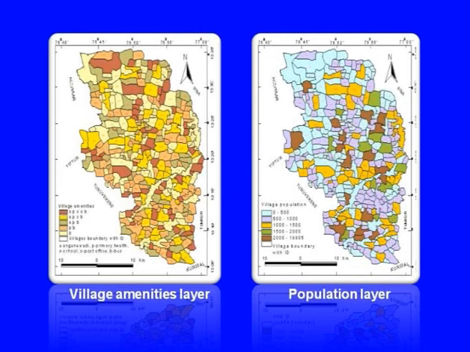Then we have village amenities layers, the population layers, and having converted all these information which could have been either in the form of a table or in the form of a map, they have all been converted into a digital map and shown to you, so that you can appreciate the information conversion which takes place from actual data to a GIS data set.